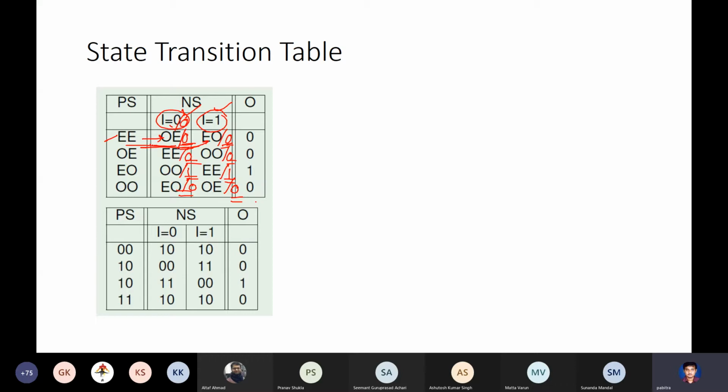Note that this would not have been the case in the Mealy machine. In the Mealy machine, the output depends on the state as well as the input. So in the Mealy machine, it is possible to have 0 output in one column of input and 1 output in another column of input. But in a Moore machine, that's not possible. The output is independent of I. For both I, the output will be the same. It's a property only of the present state.